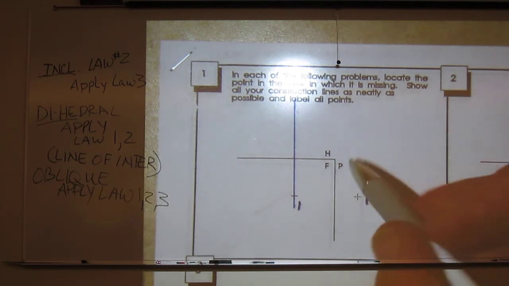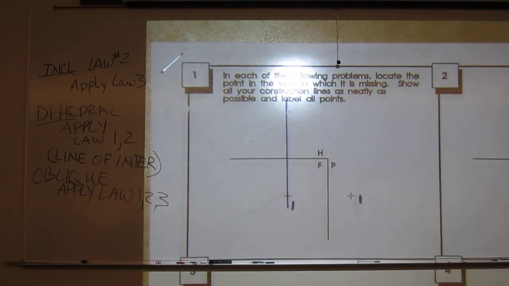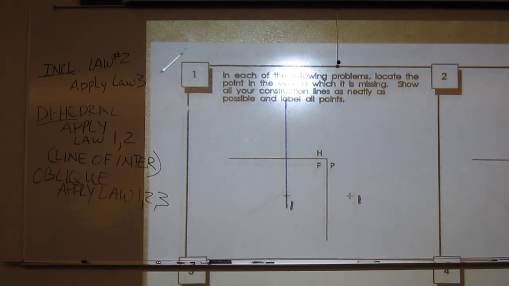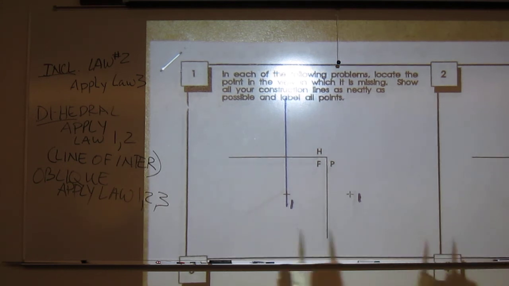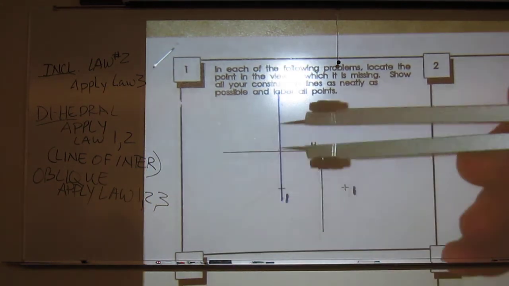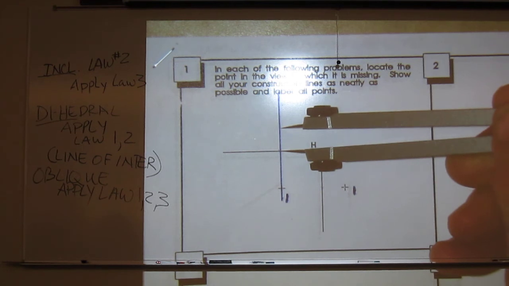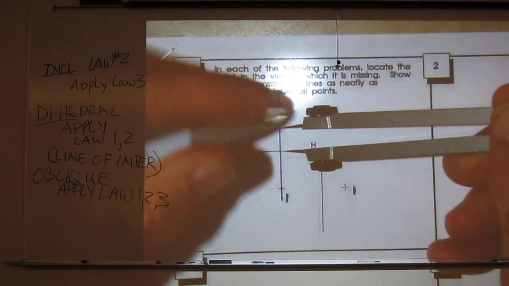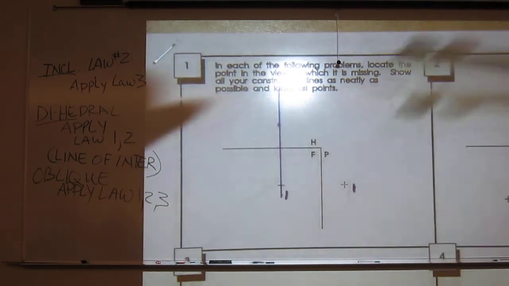Now we pretty much always use a miter line to transfer this, right? Use the fold line, folks, because it's going to pay dividends for you here in a couple of worksheets. So I'll come in with a divider, and I want to measure the distance from fold line to point, like here, and then I'll transfer that up to this view. So there is point 1.